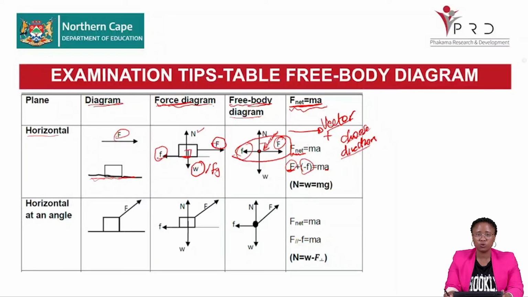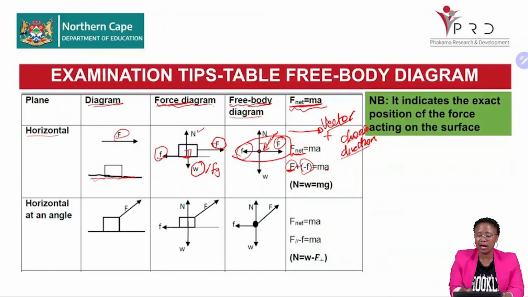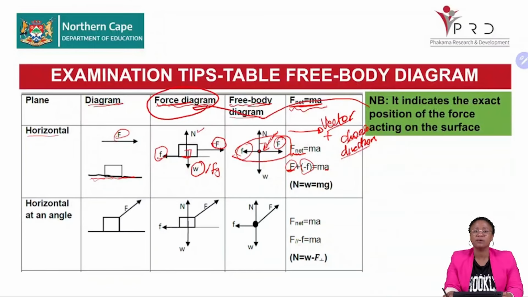Another thing that I want you to take note of is that the force diagram always indicates the exact position of the force acting on the object, while in the free body diagram, you just indicate the object with the dot, and all your arrows must be moving away from that dot.